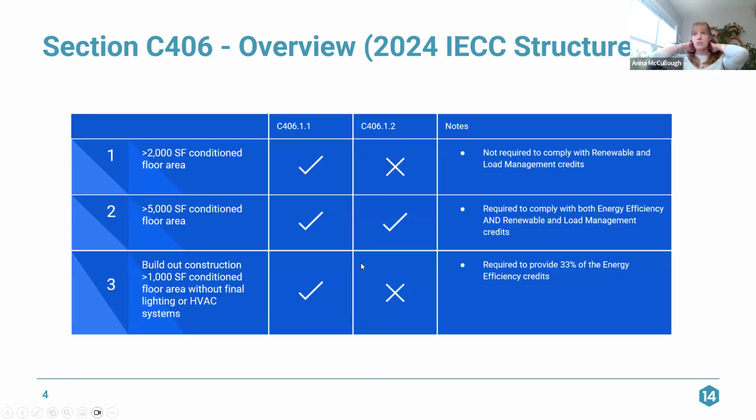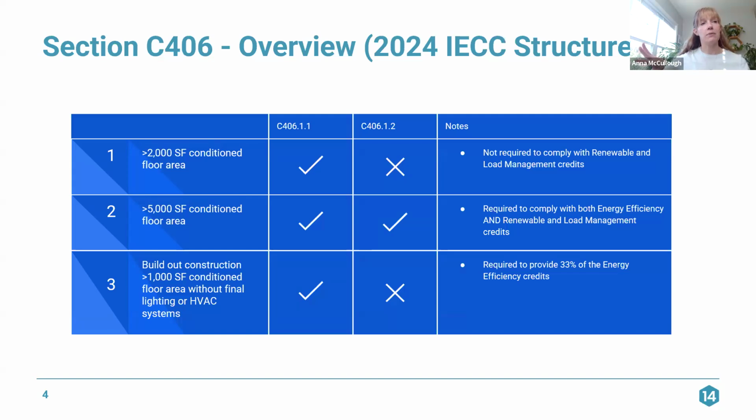I made this little table to talk through how you comply with section C406 based on the 2024 IECC and your building type or size. If you are greater than 2,000 square feet but less than 5,000 square feet, you comply with section C406.1.1, which is the additional energy efficiency credits.